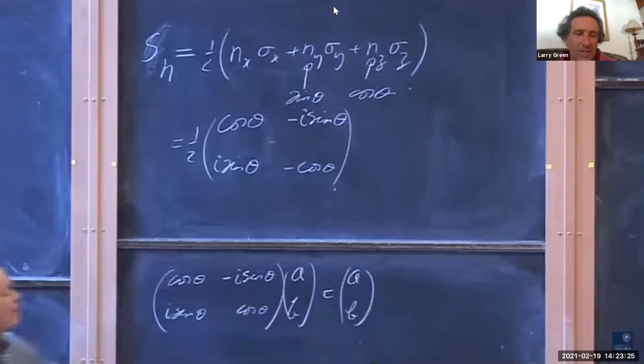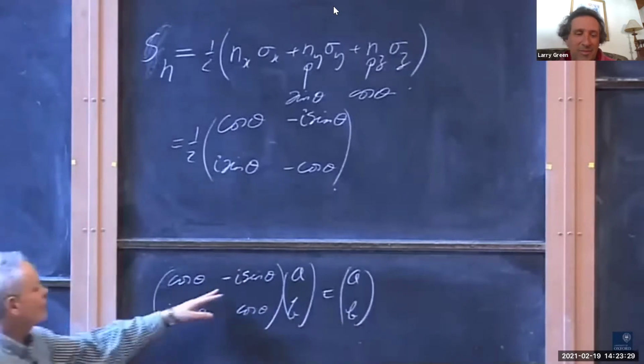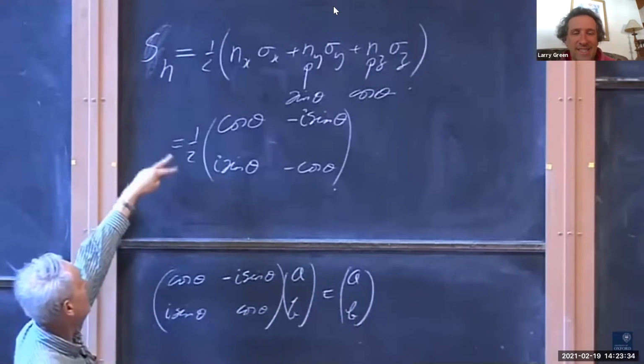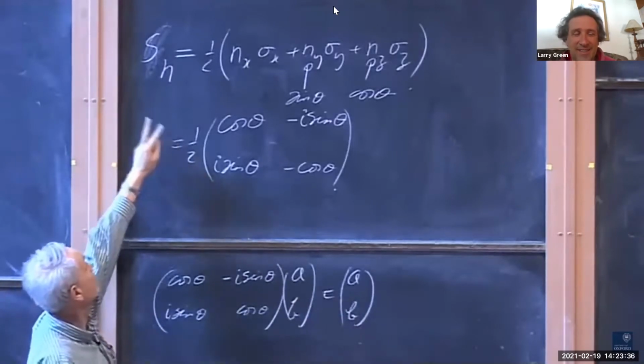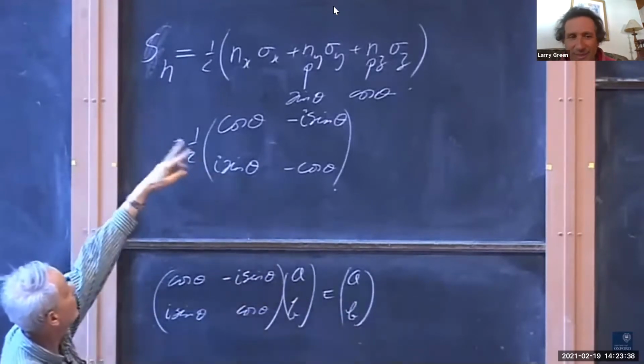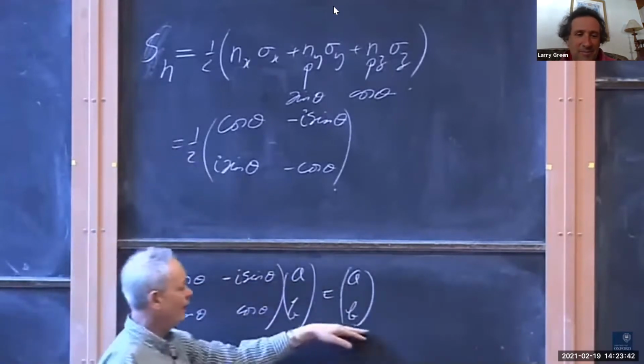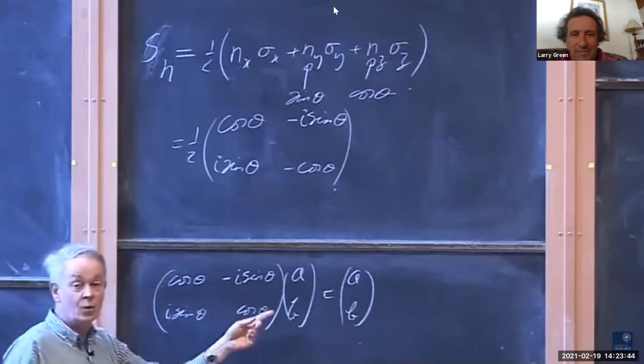This eigenket has to be an eigenket of this matrix with eigenvalue 1 in order that it's an eigenket of Sn with eigenvalue a half, right? Because the original expression was Sn on this equals a half of that, but here is a half, I can cancel on the two sides. So I'm looking for the eigenket of this operator with eigenvalue 1.